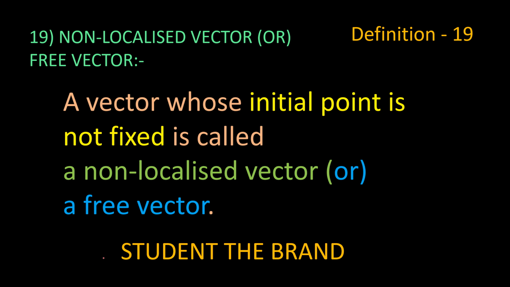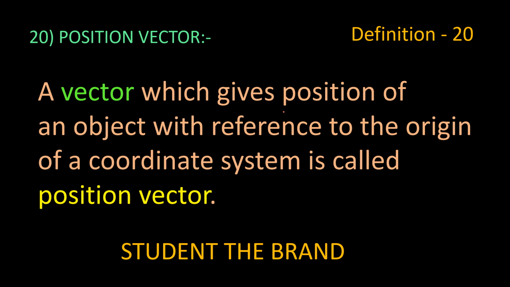Here we can observe non-localized vector or free vector. Next, position vector. A vector which gives the position of an object with reference to the origin of the coordinate system is called a position vector.